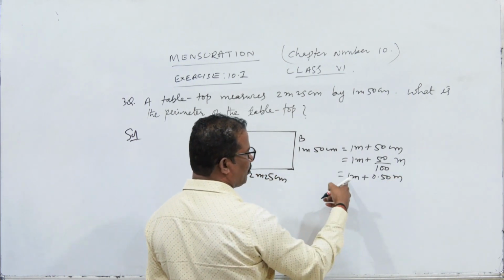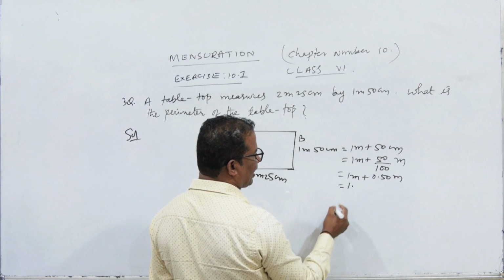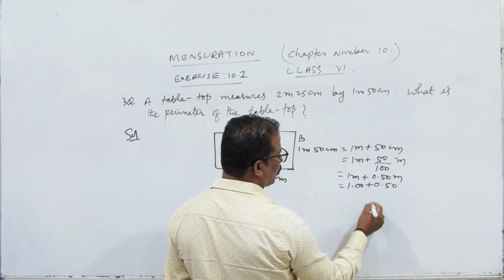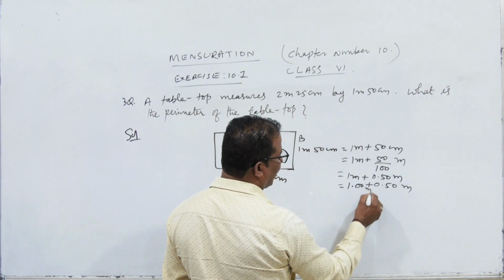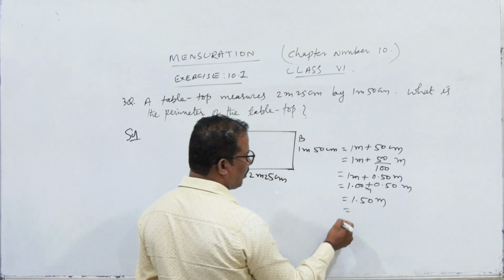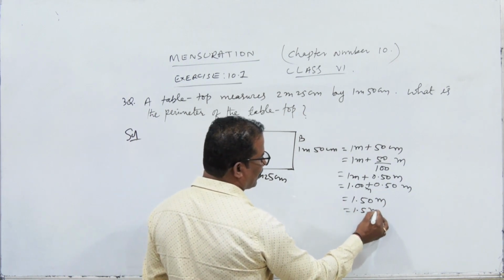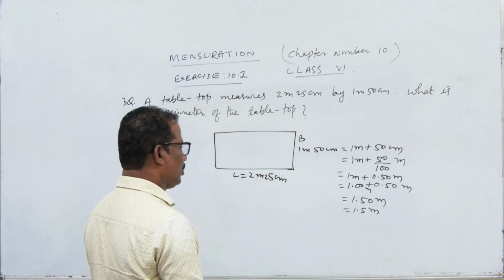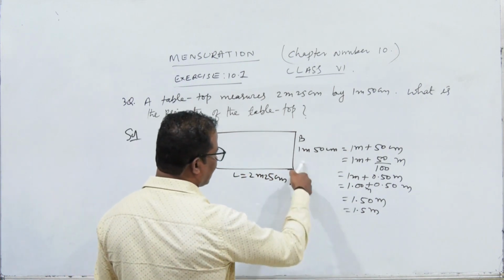To add, we convert 1 into decimal: 1 means 1.00, and it is already 0.50 meter. If you add both, we get 1.50 meter. For 1.50 we can write simply 1.5, because the point is there, so in the last we can omit the 0. So the breadth is 1.5 meter.